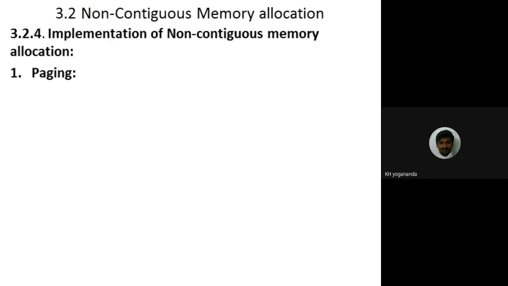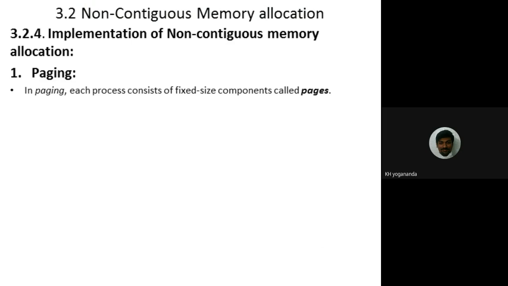First thing is paging. Paging, in the sense, the name itself says it will definitely have some pages. Those pages will help in the implementation of non-contiguous memory allocation. Just to tell you all, we are learning a memory management concept, in which we are learning the memory allocation techniques.